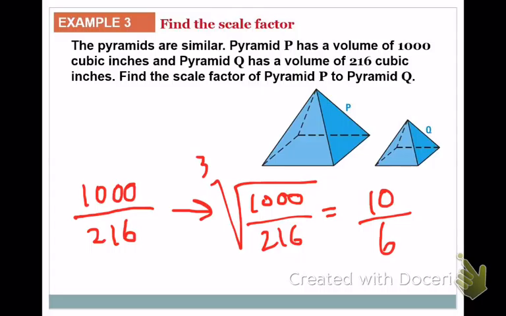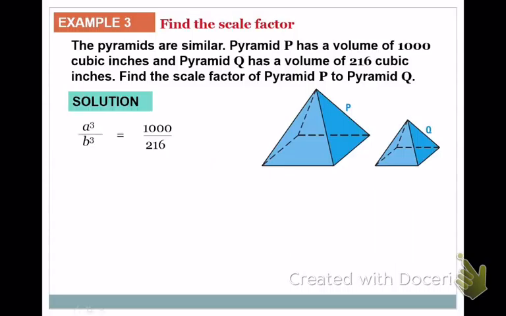Right, cube root 216. Enter, 6. Anybody else need help? All right. Yep, and you should always reduce the fraction. 10/6 reduces to 5/3. So the scale factor is 5 to 3.